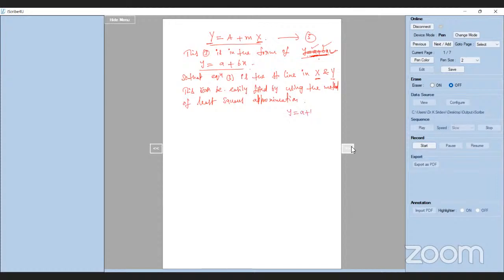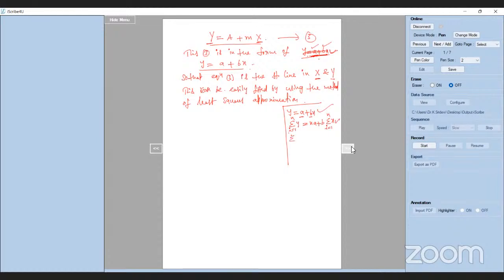For y is equal to a plus bx, if a straight line is to be fitted to the given data, the normal equations are: summation y, i equal to 1 to n, is equal to n a plus b summation x, i equal to 1 to n. How many normal equations will be there for this one? Two, because there are two parameters. This is the first normal equation.